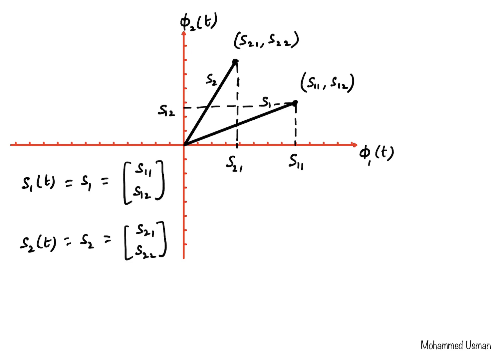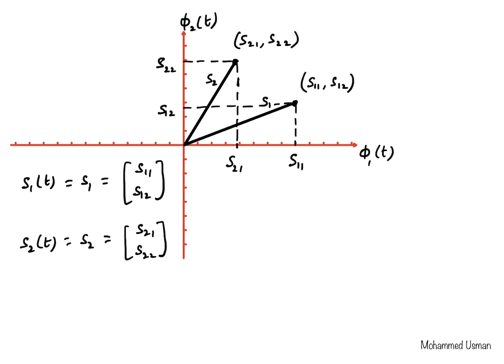So it's S21. Similarly, the projection of S2 onto phi2 is going to be over here. So that's S22, right? The projection of S2 onto phi2 of t. So this is what we mean by projections, and this is basically the geometric representation of the signals S1 of t and S2 of t.